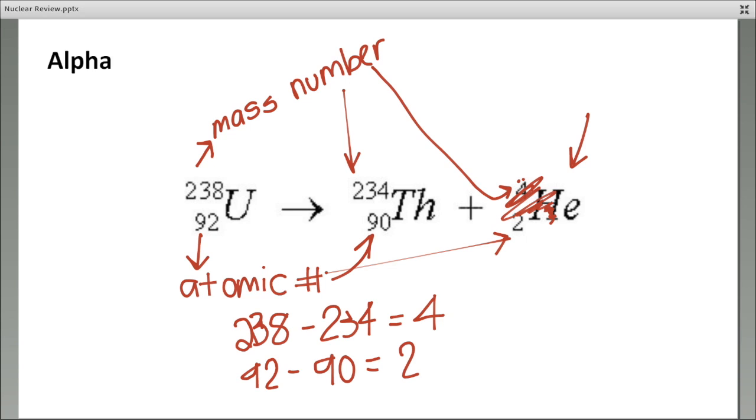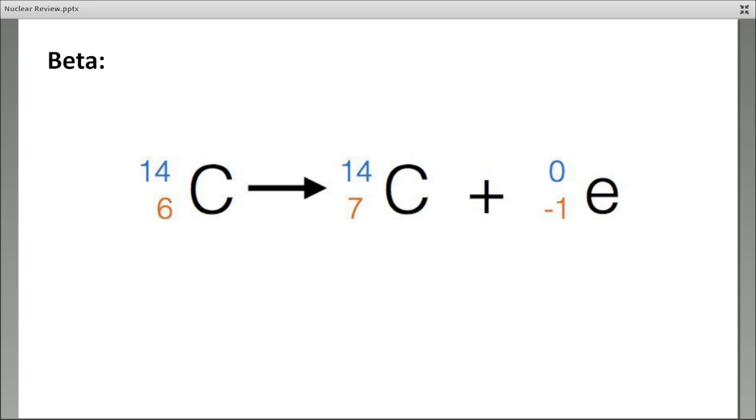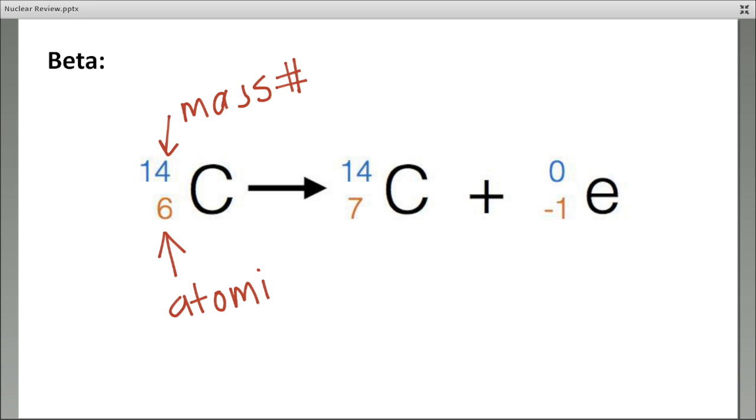In fact, this graphic itself came from the test. This one did not, but it's the same thing. It's what would happen in beta radiation. This is still your mass number, that doesn't change on the top, and this is still your atomic number. But you can see instead of a He at the end, we have an electron.